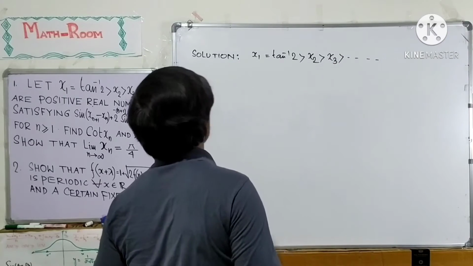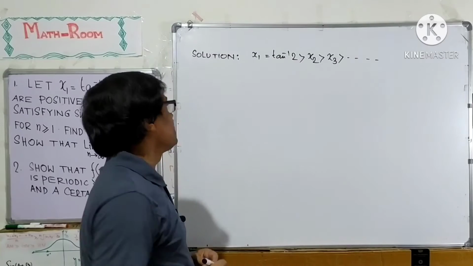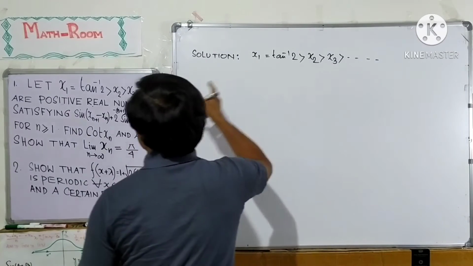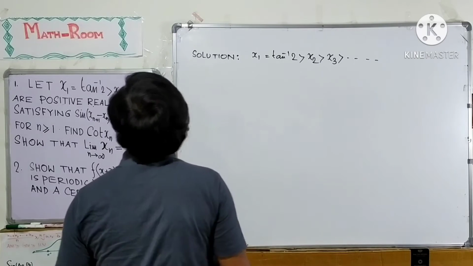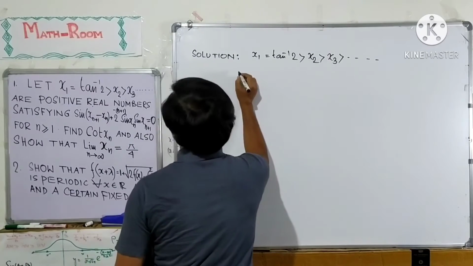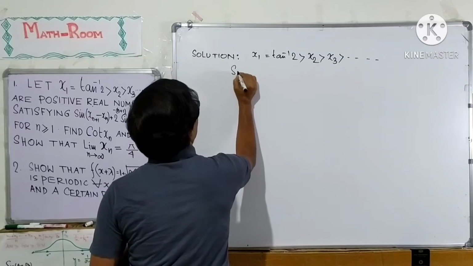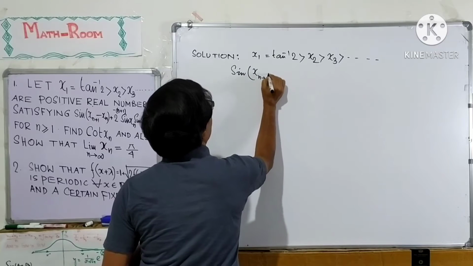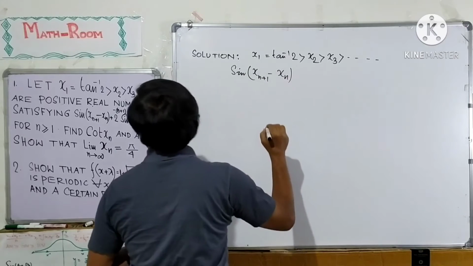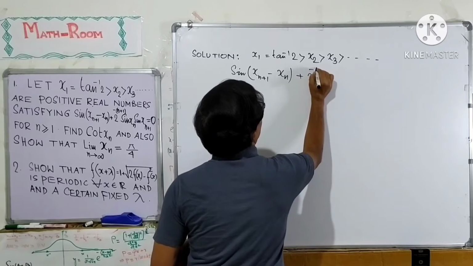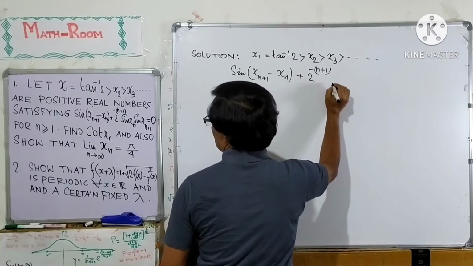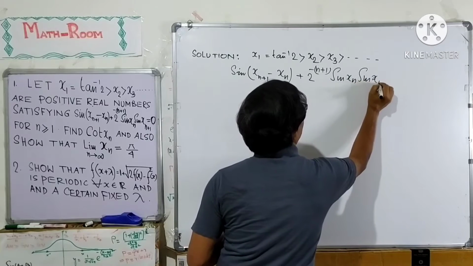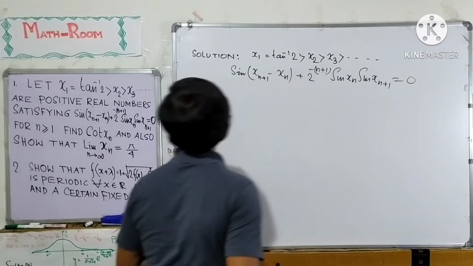This is a monotonically decreasing sequence. Here also a condition is given as sin(x_{n+1} minus x_{n+2}) to the power minus (n+1) sin x_{n+1} equal to 0.